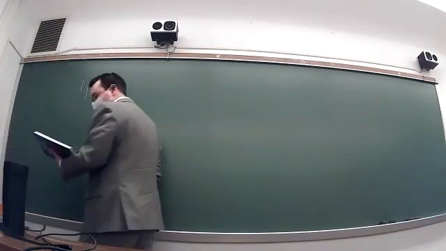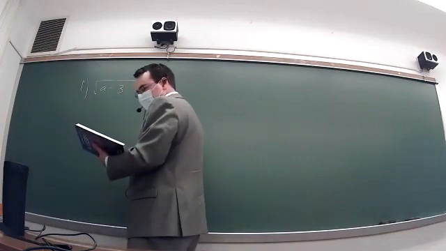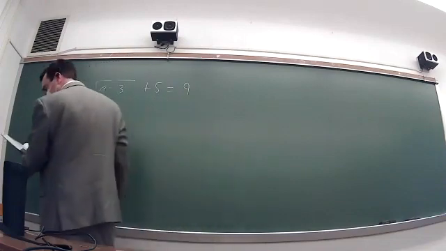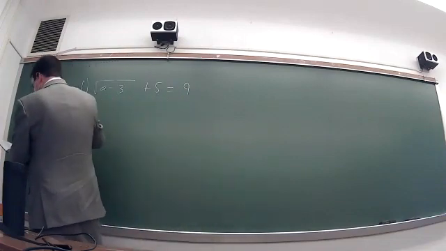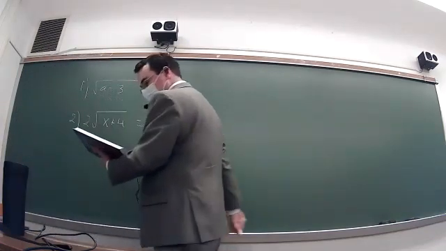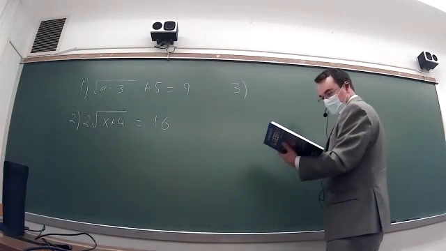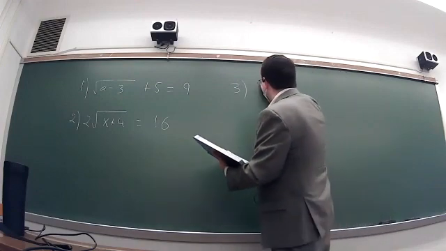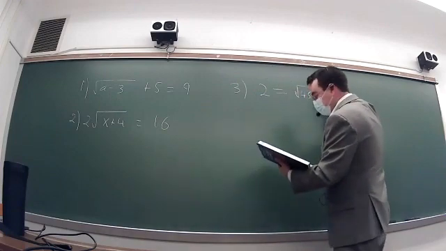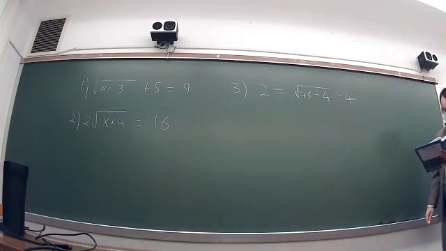So let's pick maybe square root of a minus 3, plus 5 is equal to 9. Let's pick 2 times square root of x plus 4 is equal to 16. Let's pick 2 is equal to square root of 4s minus 4, minus 4.